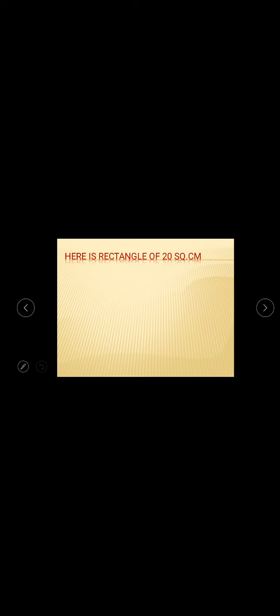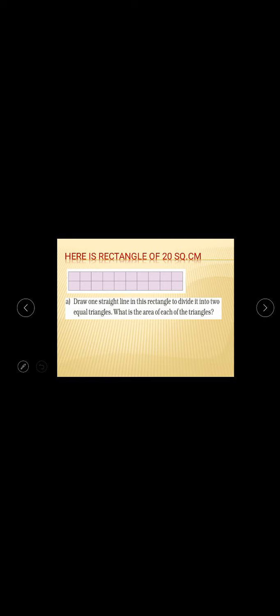Okay, so it will be less than 2 square centimeter. Now the last question is, here you have been given a rectangle of 20 square centimeter. Okay, this is the rectangle and its area is 20 square centimeter. Now 3 questions are given. The first one is, draw one straight line in this rectangle to divide it into 2 equal triangles.